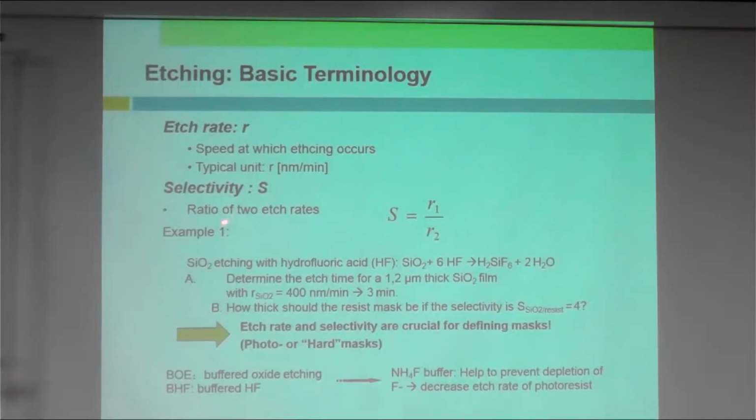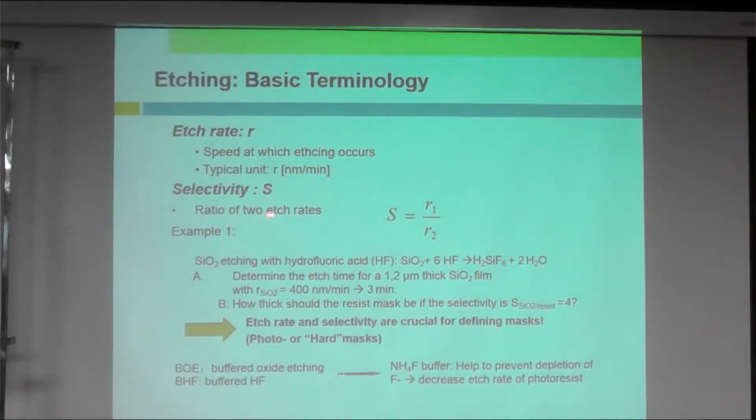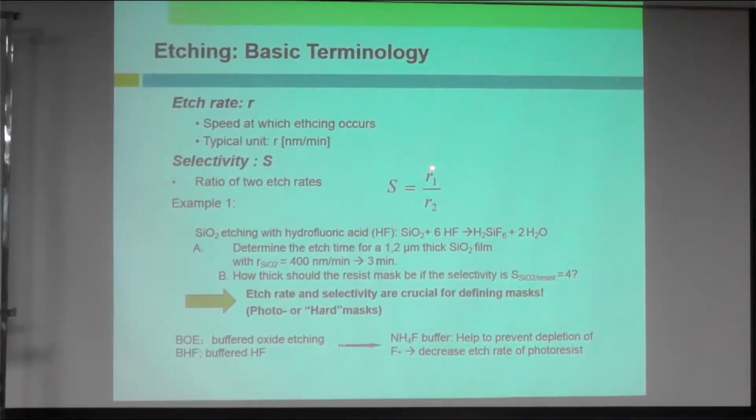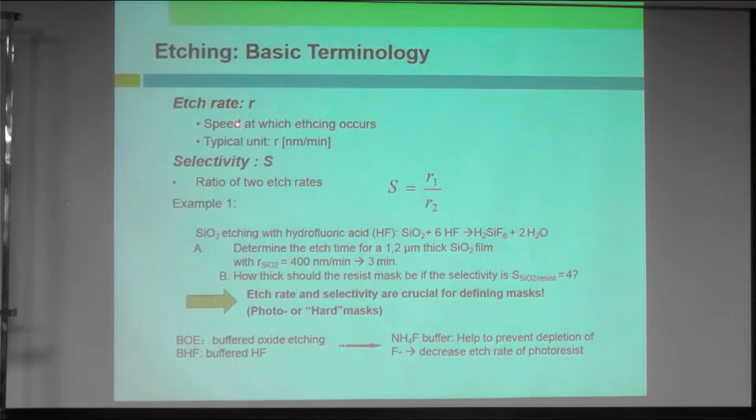And selectivity is a ratio of two etch rates. So for example, you have one material with an etching rate of R1 and some other material with an etching rate of R2. Now, let's say in this case silicon dioxide etched with hydrofluoric acid. You know that hydrofluoric acid will etch the silicon dioxide.